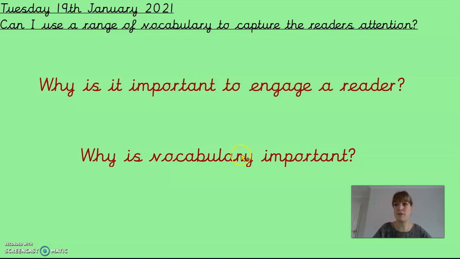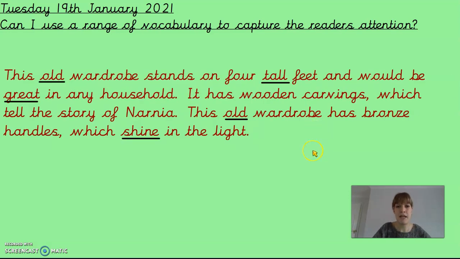So just to get ourselves warmed up about what kind of vocabulary we're going to use, I'm going to flick onto the next page. And I have a few sentences that could possibly go into an advert to sell something. But I think my vocabulary can be even better. So I'm going to read it to you and then I'll explain what I want you to do.